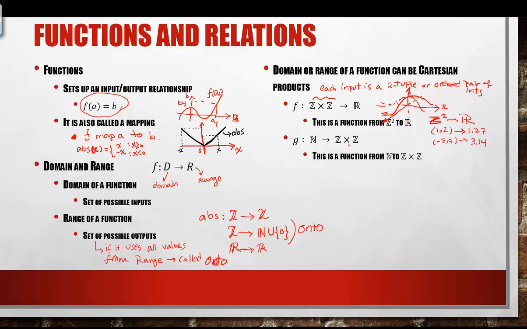A function may have its range to be actually a cross product of sets. So for example, in this case, I have a hypothetical function who takes as input one natural number, and produces an ordered pair of numbers for each input.